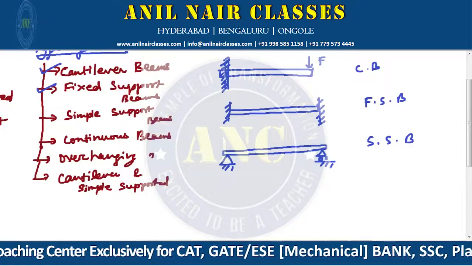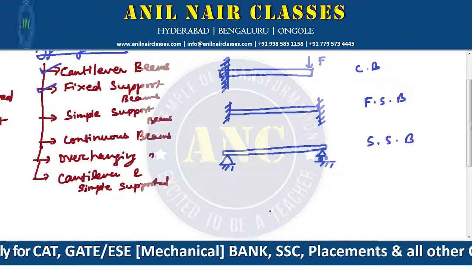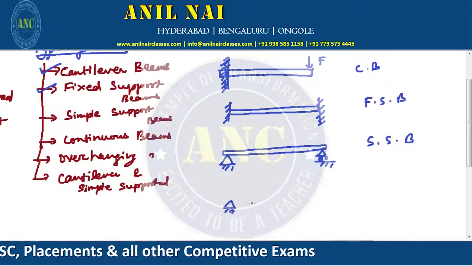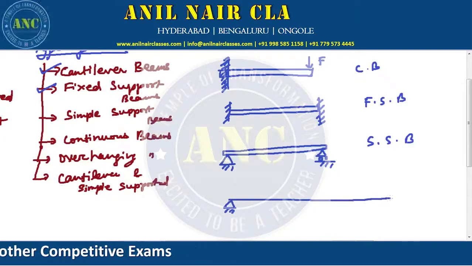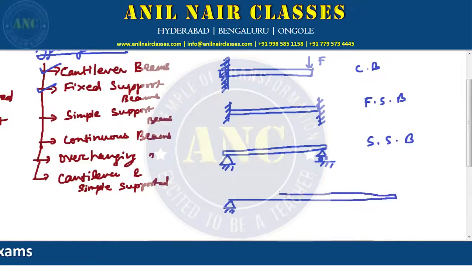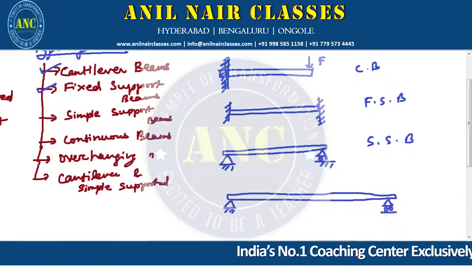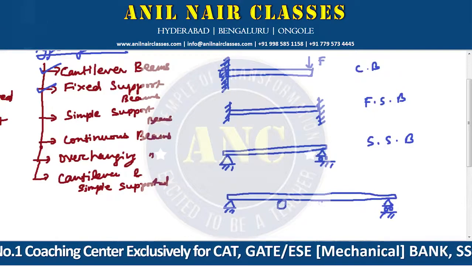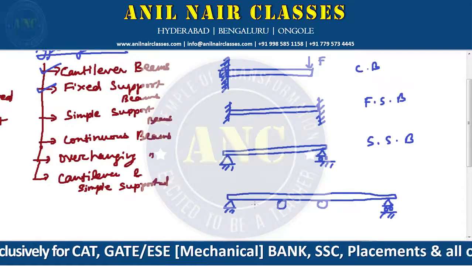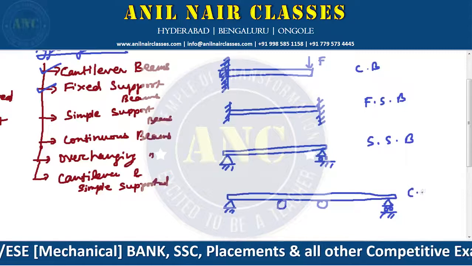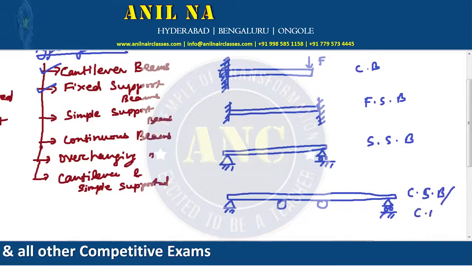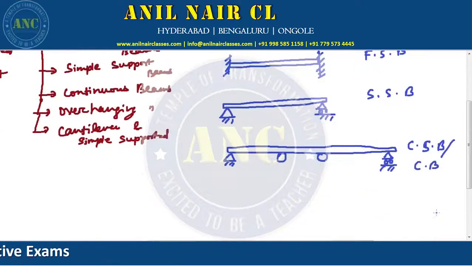So what are continuous beams? It will be continuing. If I take the same simple beam, it is very long. Say this edge is connected with a roller support, and at the same time there are also supports in between. So this is called continuous support beams or continuous beams.